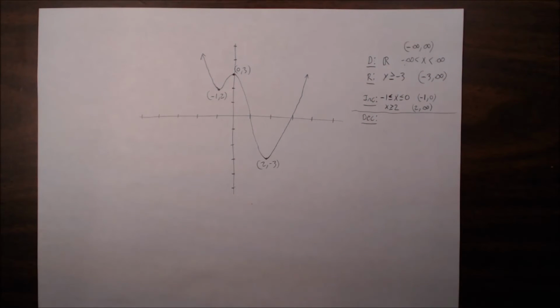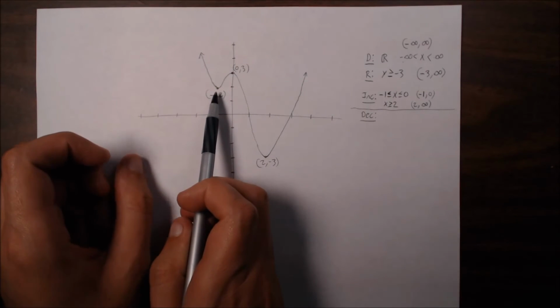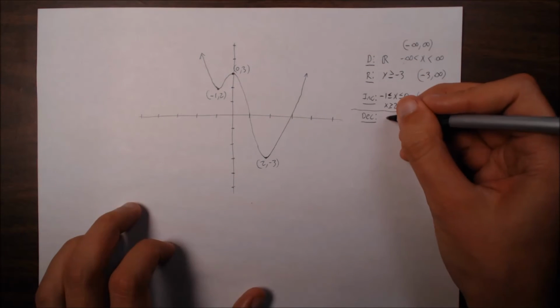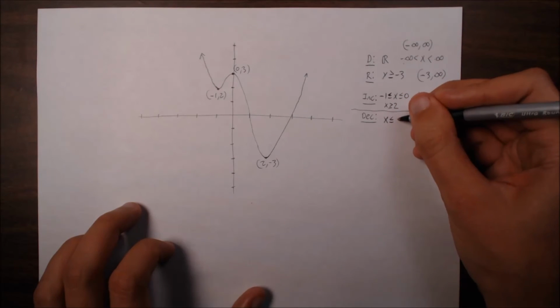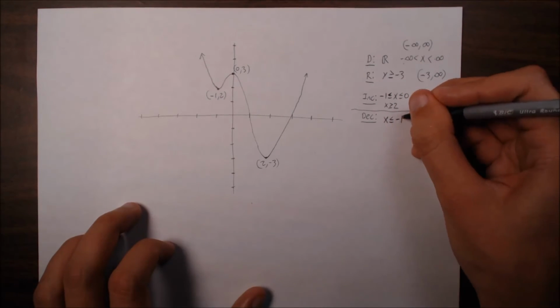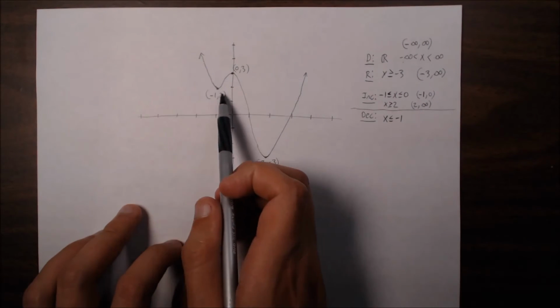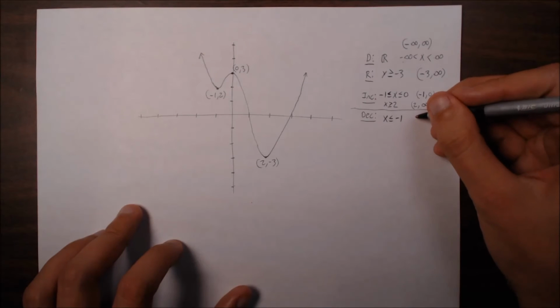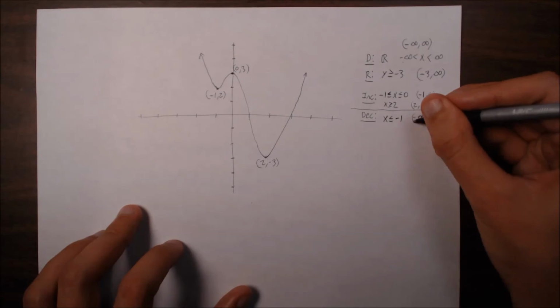Okay, so intervals of decrease. This is going to go from -infinity down to -1. So anywhere that x is less than or equal to -1. That's just saying anything over here, this direction, less than -1. If we're using interval notation, from -infinity to -1.